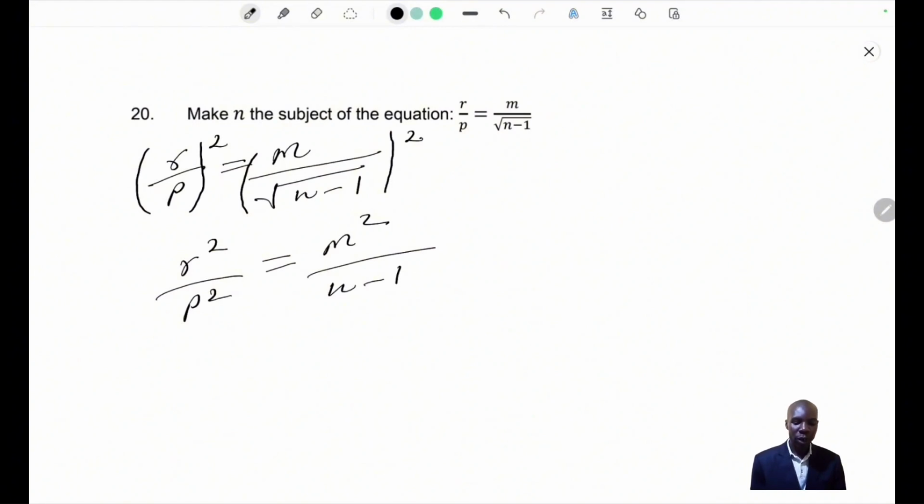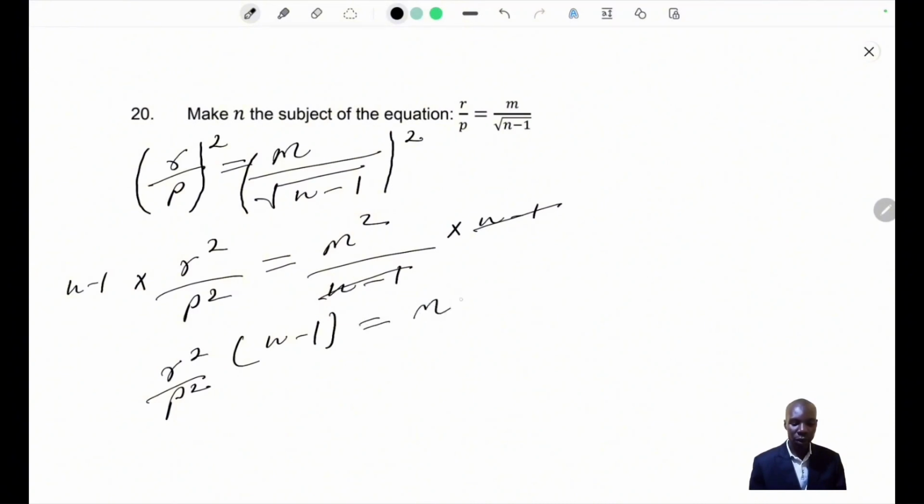Then from there, we can cross multiply both sides by n minus 1. So we'll have r squared over p squared in bracket n minus 1 should be equal to m squared.